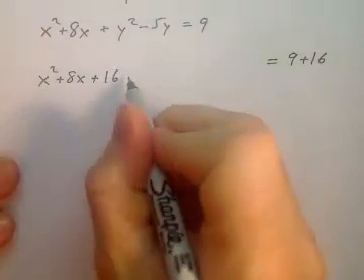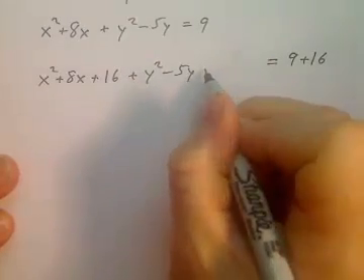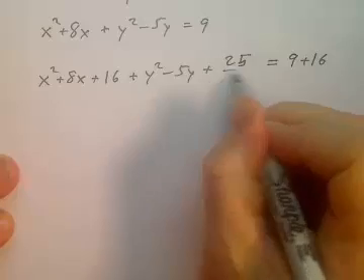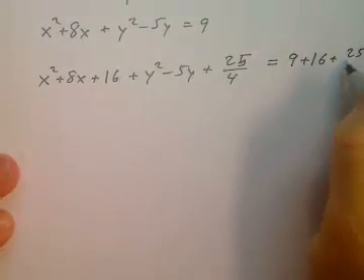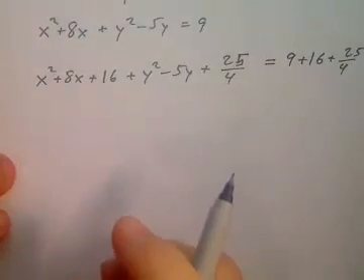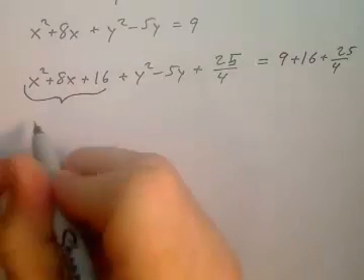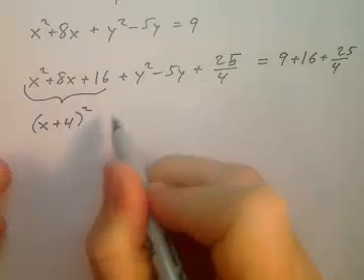And then here I'm going to have plus y squared minus 5y. And then I take half of this and square it, which is 25 over 4. And so over here I'm going to have a 25 over 4. Okay, so these three terms here give us an x plus 4 squared.